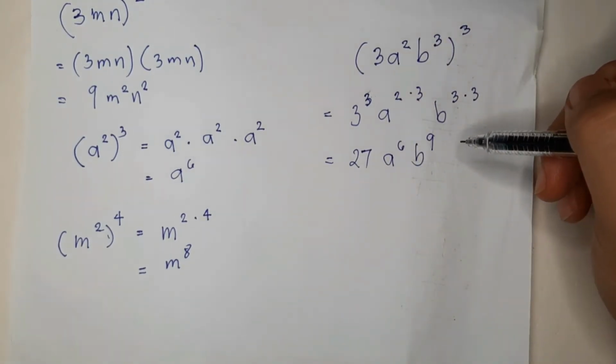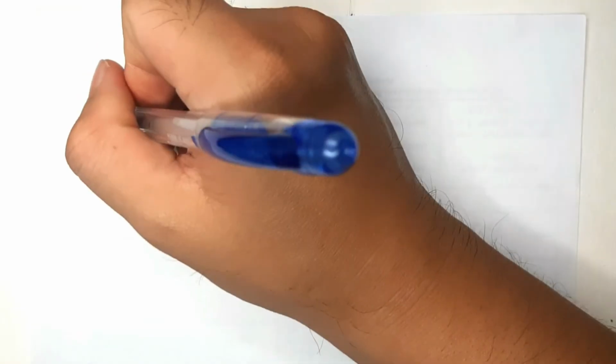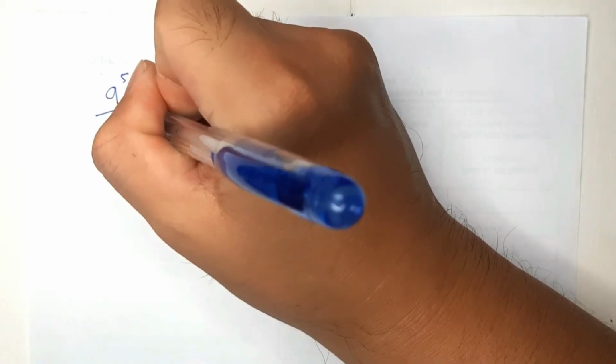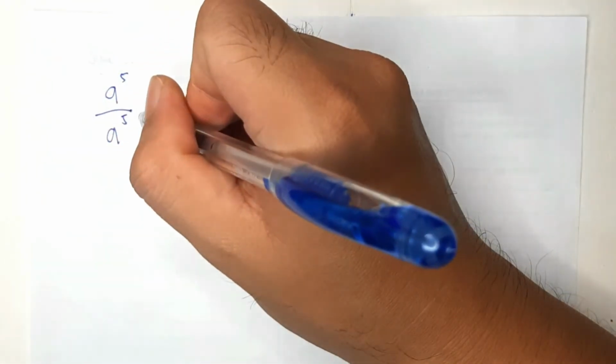So to multiply monomials, multiply the numerical coefficients and follow the rules of exponents for the literal coefficients. What if we have this term a to the 5th power over a to the 5th power? What do you think is our answer?